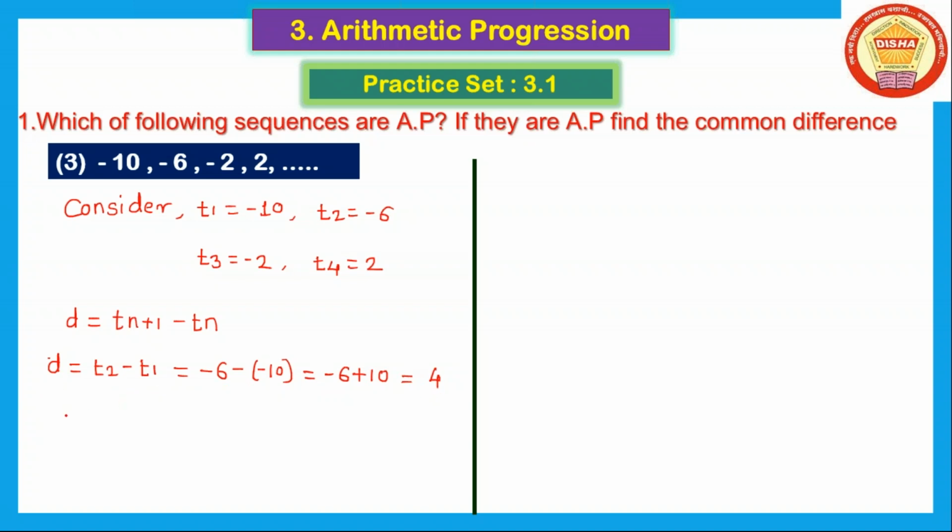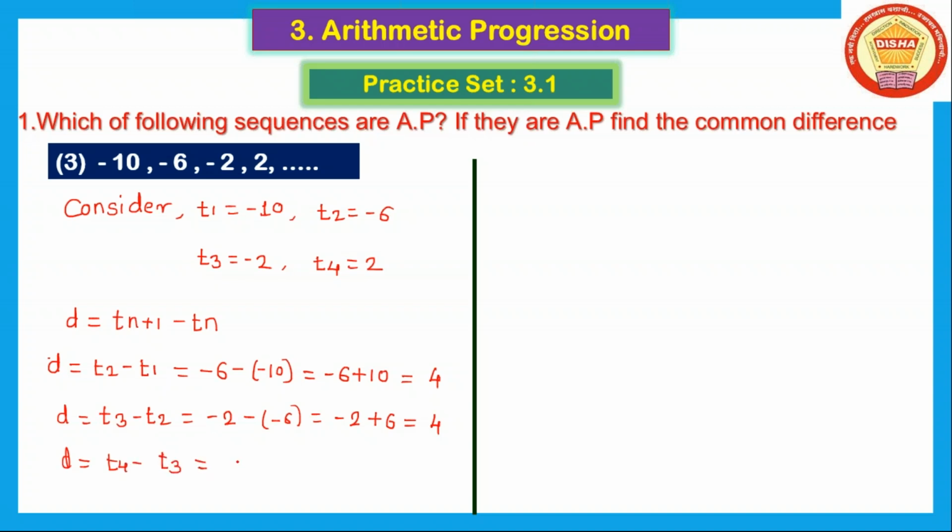Again we find the difference between the next two consecutive terms, that is T3 minus T2. We put the values: negative 2 minus, what is T2 here? Again negative 6. So negative 2 plus 6. Again both have different signs, so we do subtraction and that is 4. Then we find D is equal to T4 minus T3.